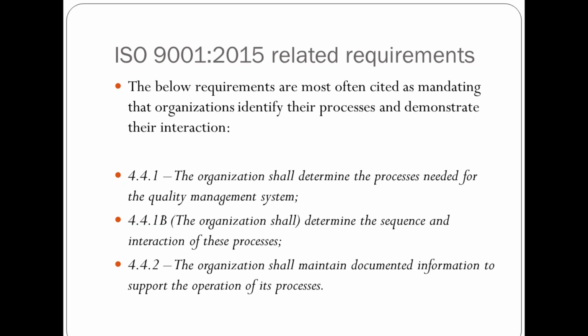And then in 4.4.2, it states the organization shall maintain documented information to support the operation of its processes. And it's from that clause that we continue to require that there be some representation of what your processes are and how they interact with each other.